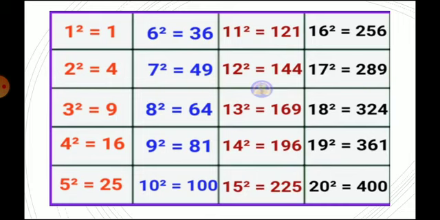See here the table column: I have written the square numbers 1 up to 20. 1 square is 1, 2 square 4, 3 square 9, 4 square 16, 5 square 25, 6 square 36, 7 square 49, 8 square 64, 9 square 81, 10 square 100, 11 square 121, 12 square 144, 13 square 169, 14 square 196, 15 square 225, 16 square 256, 17 square 289, 18 square 324, 19 square 361, 20 square 400.